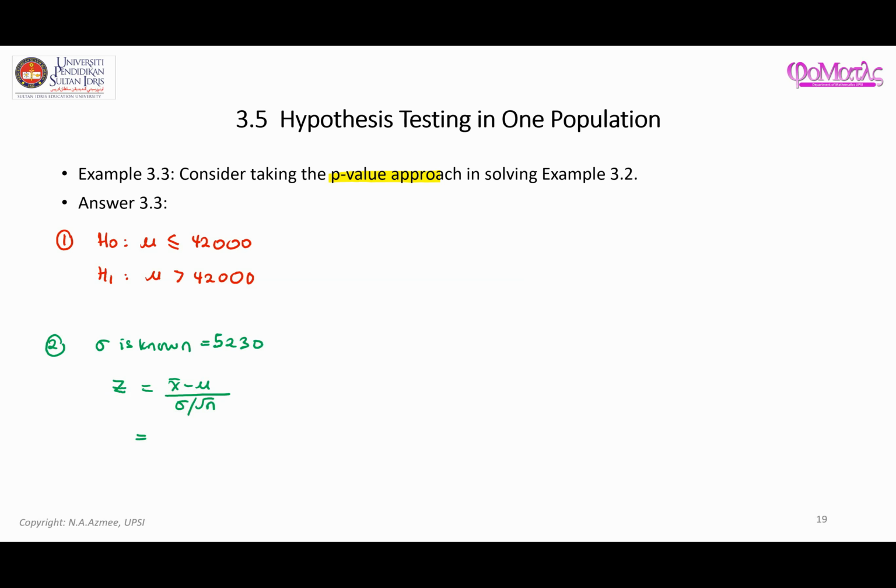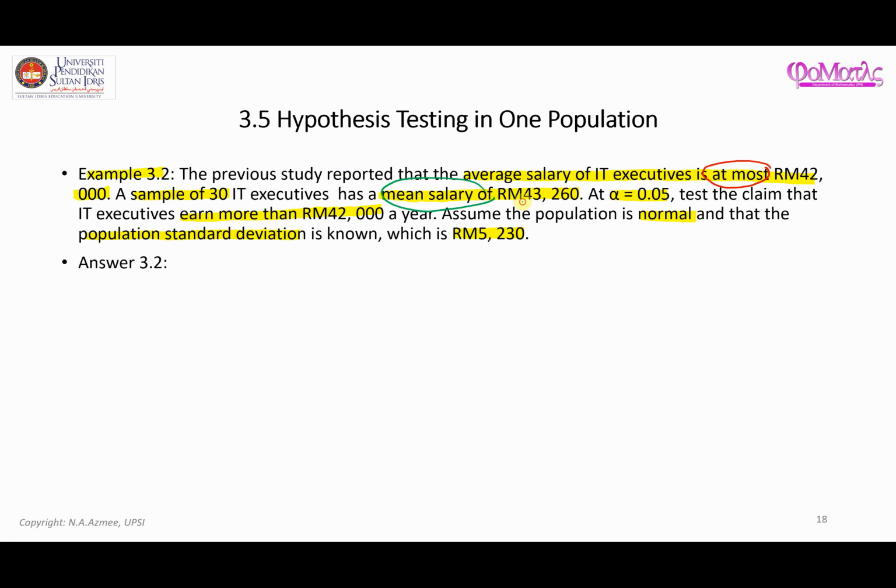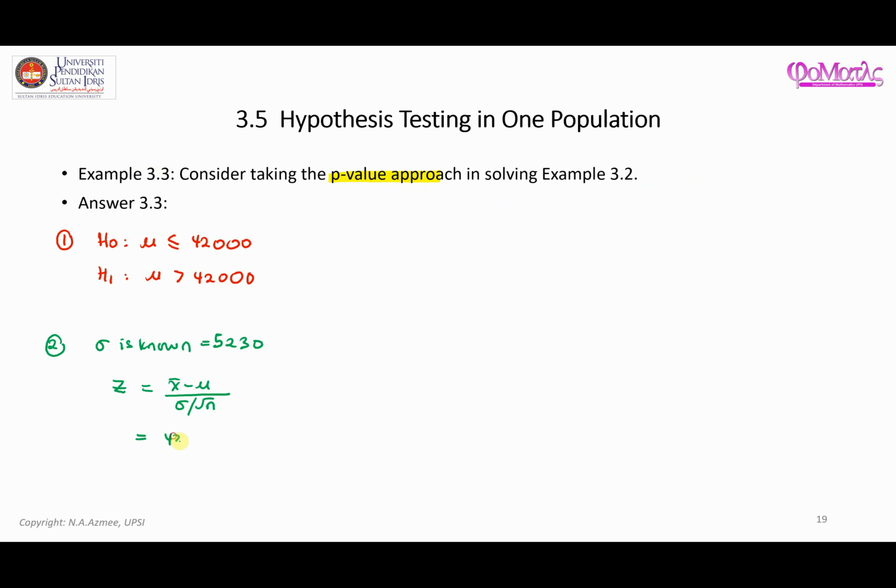We're just going to substitute the values, which is going to be, this is x bar, 43,260, and the value of mu here comes from this statement, because we can say that mu is equal to or less than 42,000. So when you have the equal sign, that means you can replace mu with 42,000.